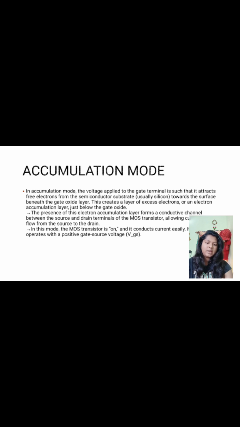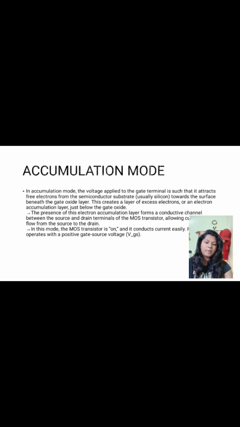This creates a layer of excess electrons, or an electron accumulation layer, just below the gate oxide. The presence of this electron accumulation layer forms a conductive channel between the source and drain terminals of the MOS transistor, allowing current to flow from source to drain. In this mode, the MOS transistor is on and it conducts current easily.